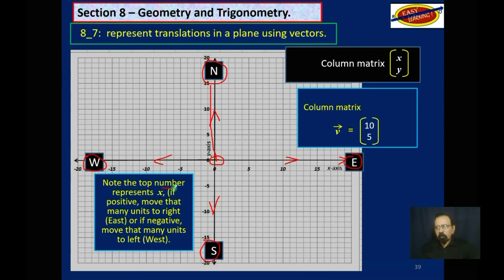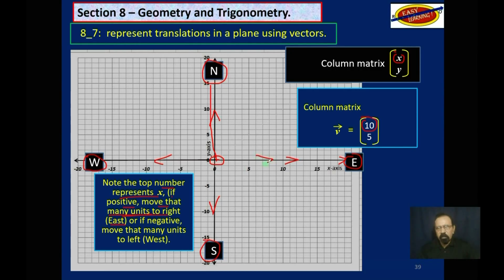Note the top number represents x. If it is positive, move that many units to the right, which is the east direction. So this 10 here represents x. It's a positive 10.